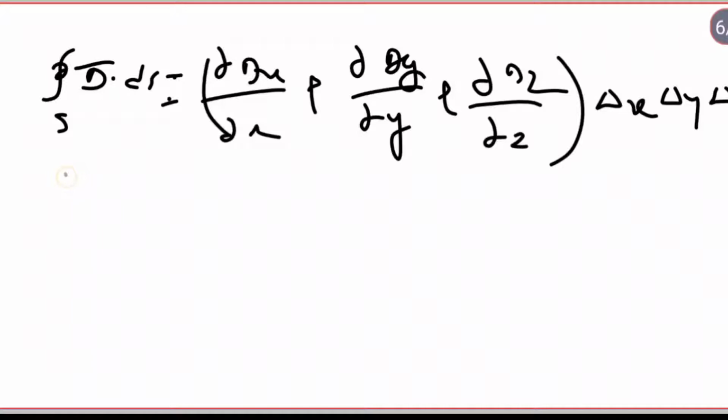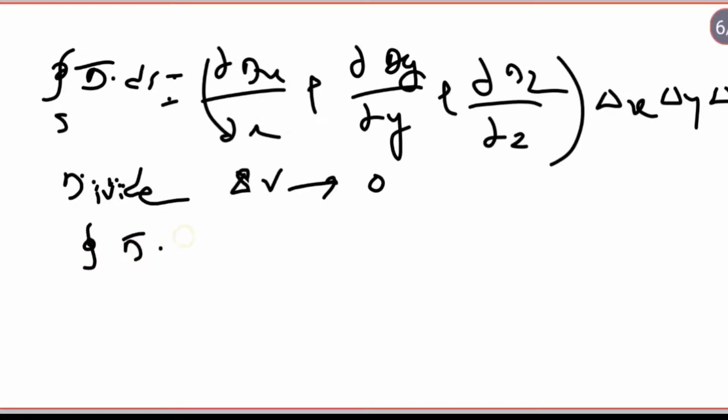Now dividing the above equation by delta v and taking the limit as delta v tends to 0, we can take surface integral d dot ds divided by delta v.